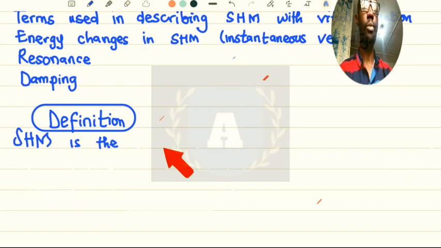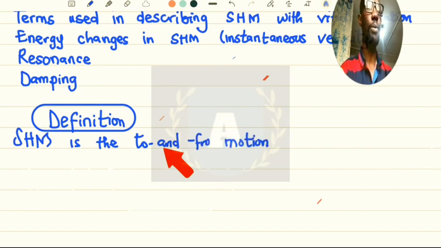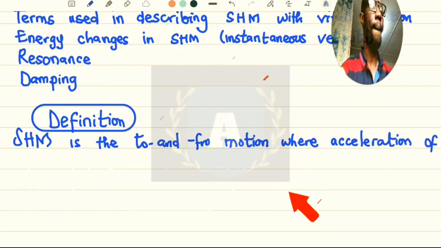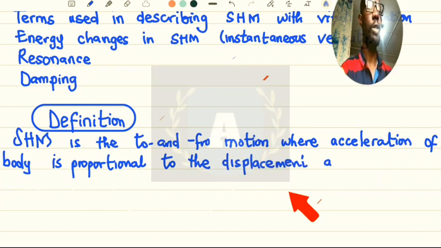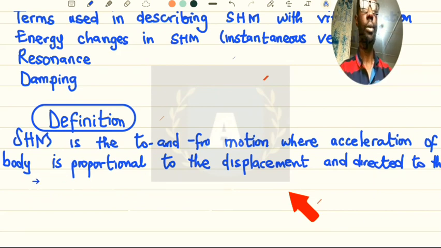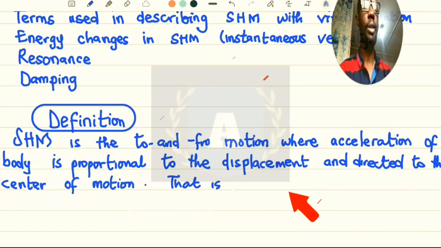Simple harmonic motion is defined as the to and fro motion of an object where the acceleration of a body is proportional to displacement and directed to the center of motion.